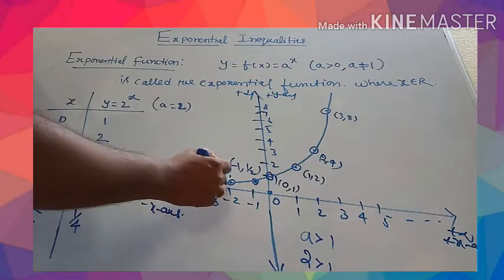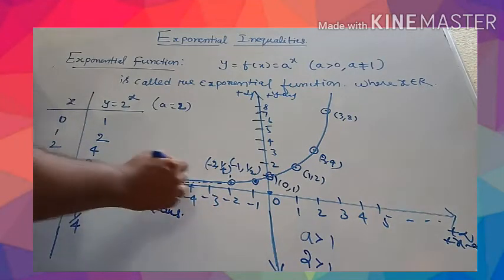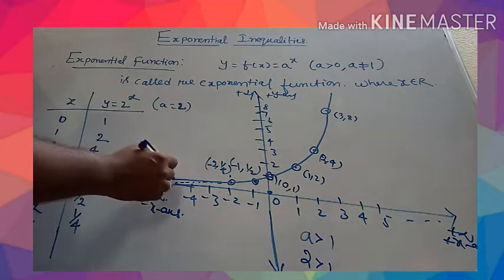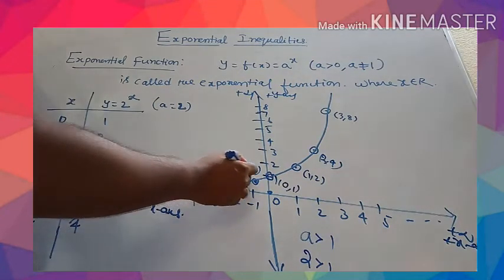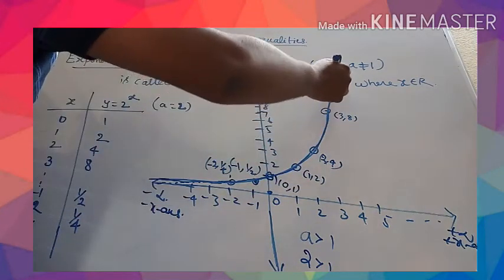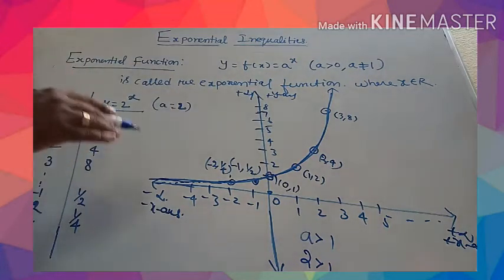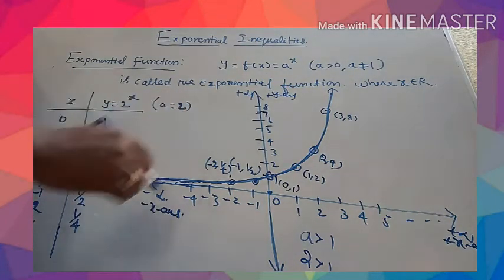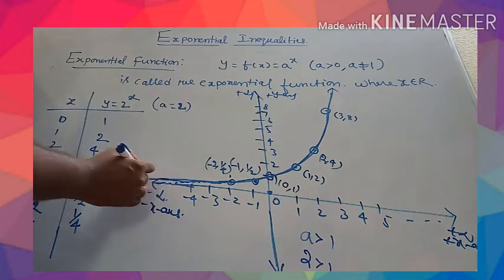When you keep on going like this, it comes nearer to 0, but it won't touch 0. When you join all these points, it is a strictly increasing curve. You can observe the shape of the graph of this exponential function. It is a strictly increasing function. It starts from minus infinity.